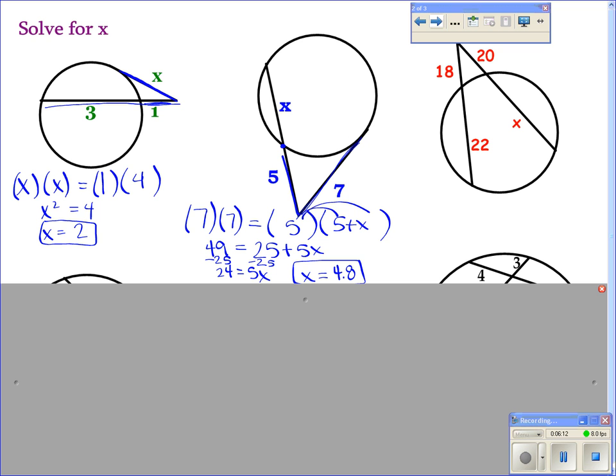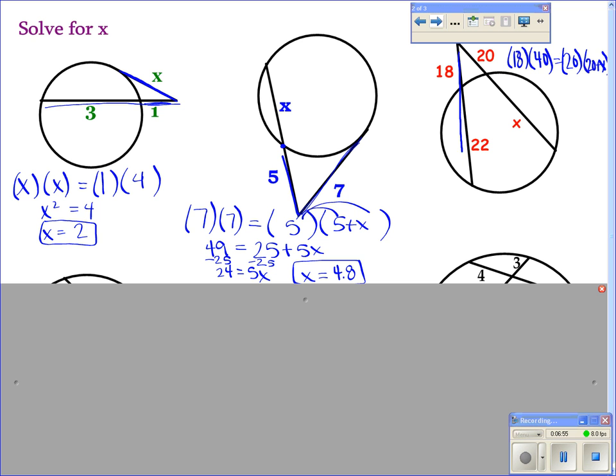Questions yet? Okay, looking at the last one, on the top anyway. We're always going to take the outside times the whole thing, remember. The biggest mistake is kids will take 18 times 22. Remember that it's 18 times the entire segment. So if we set this up, we've got 18, and then we're going to multiply it by 18 plus 2, which is 40. Then we'll take the outside times the whole thing, which is 20 plus x. What's 18 times 40?